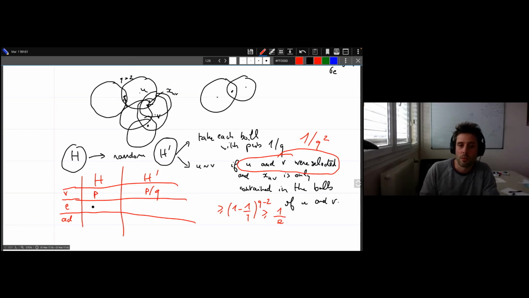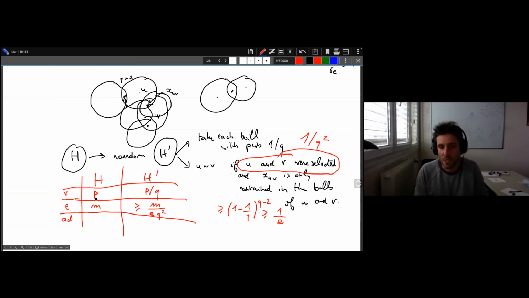So the number of edges, let's call it M, has now been divided, and it's at least M divided by eQ squared. It has been divided by something, but not too much. We kept a graph that is much nicer now, but that still has a lot of edges.